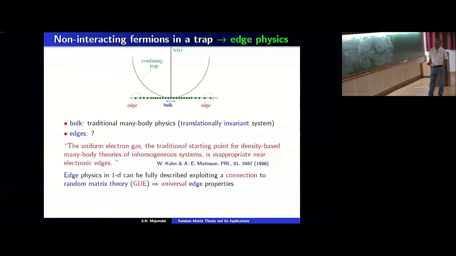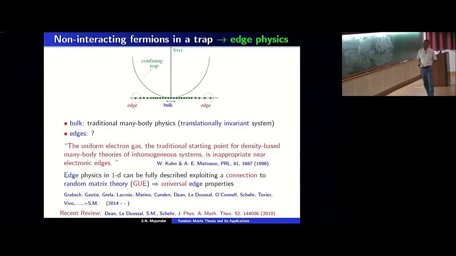So the positions of the atoms behave like the eigenvalues of a random matrix. Once again, random matrix theory has been extremely useful in understanding the properties of such cold atom systems. This is a theme of research that we have been working on for the last 5 years with several collaborators, and you can find a recent review on this subject. But I'll try to develop this as we go along. So this is the main plan.